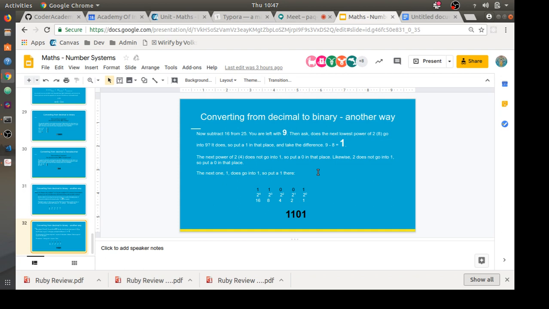So 25 divided by 16 goes once, with 9 left over. So it's just 1 9. And then converting 1 9 to binary is 0 0 0 1, 0 0 0 1, 1 0 0 1.